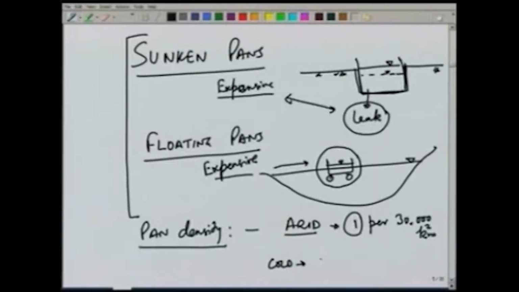But if we have cold areas where we do not expect very high evaporation, then we can have a smaller density, and up to 100,000 square kilometers we can put one pan. In between, like humid areas, which will be somewhere in the intermediate range, we can have one pan in 50,000 square kilometers.